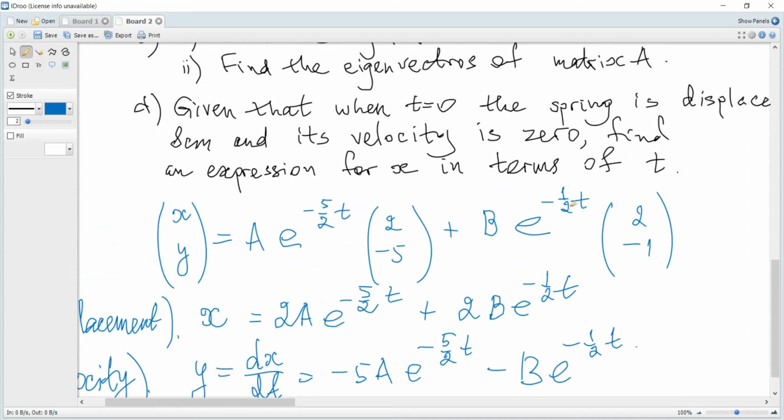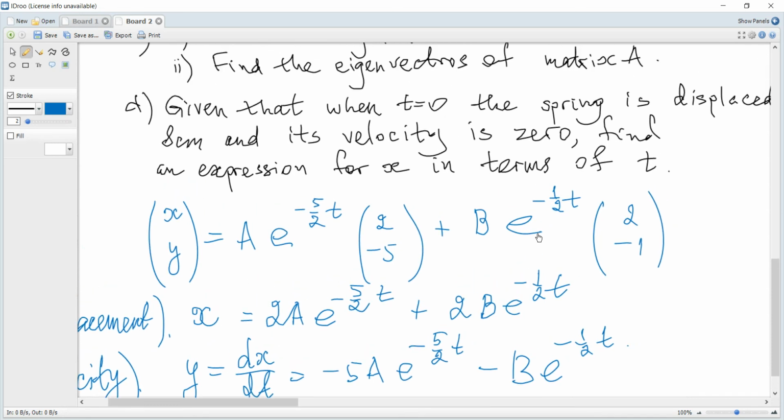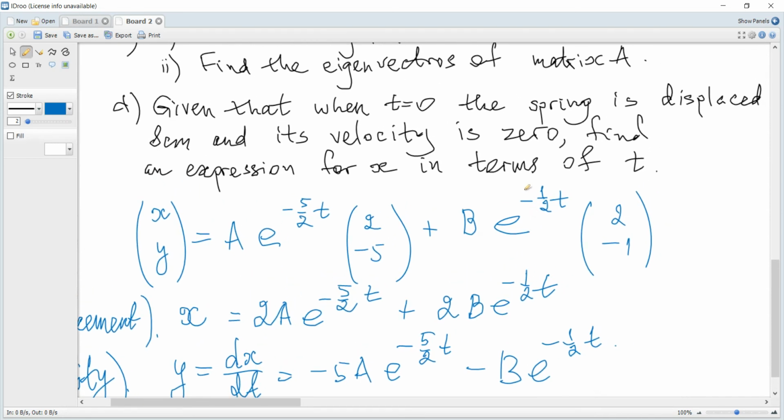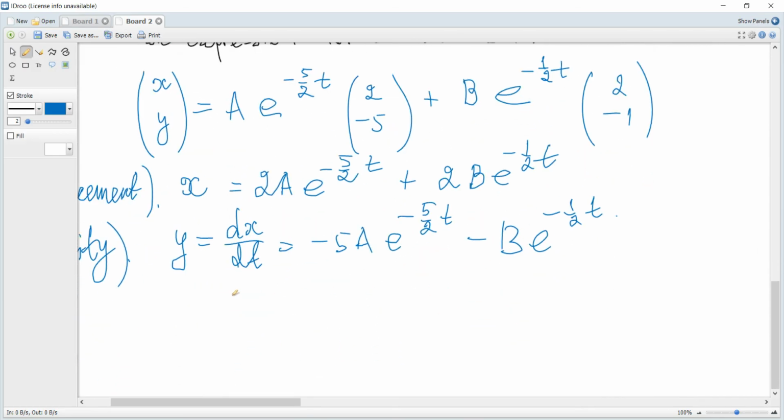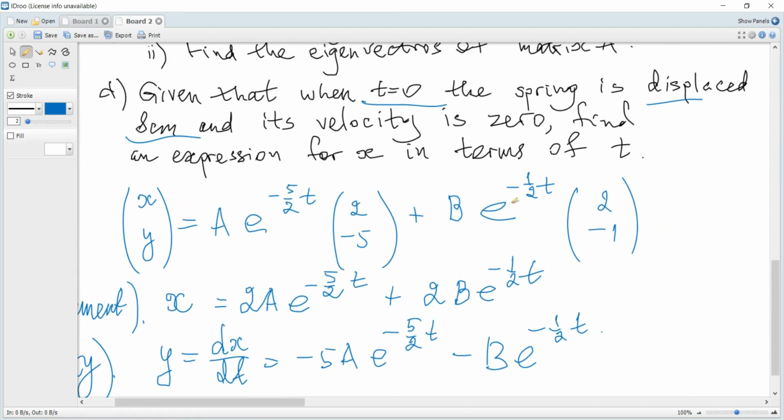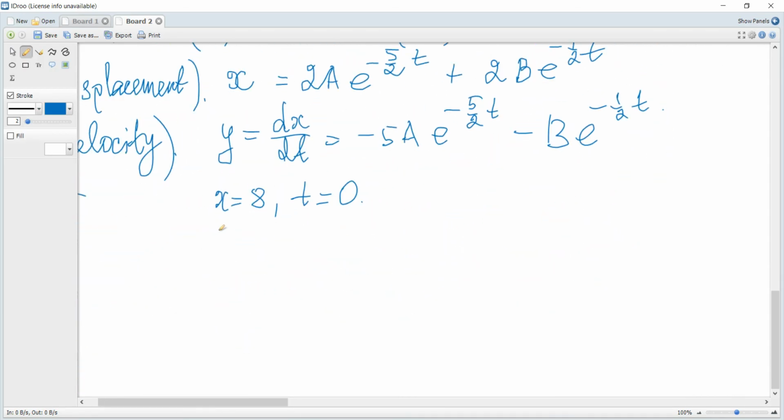We need constants A and B, so there must be two pieces of information. It is given that when t is 0, displacement x is 8, and also that initial velocity dx over dt is 0 when t is 0.